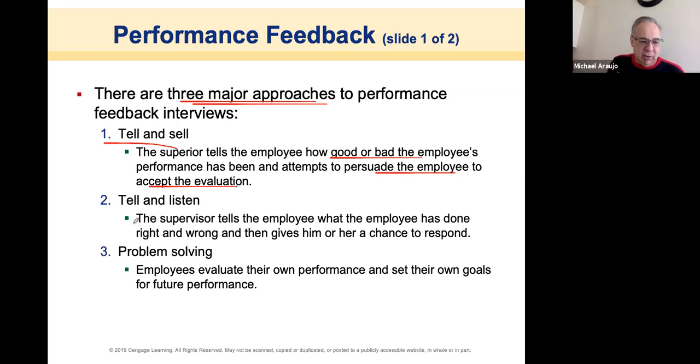Not the best approach. A better approach would be to listen, to find out what has gone well, what has gone not so well, what the employee has to say about it, and what the employee thinks could have helped. That's a little bit better.